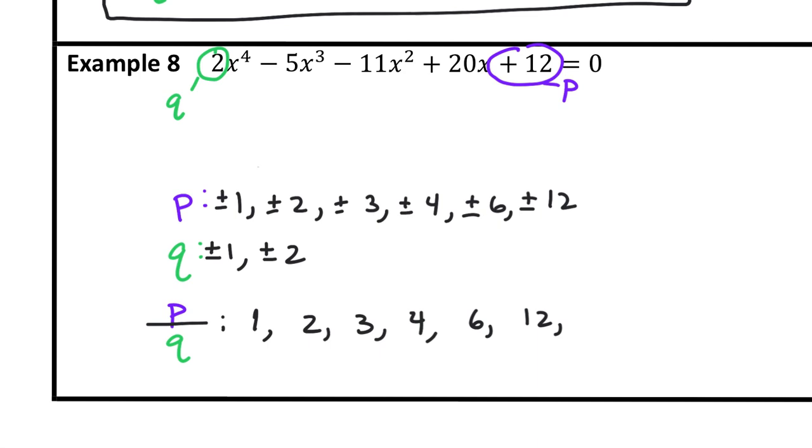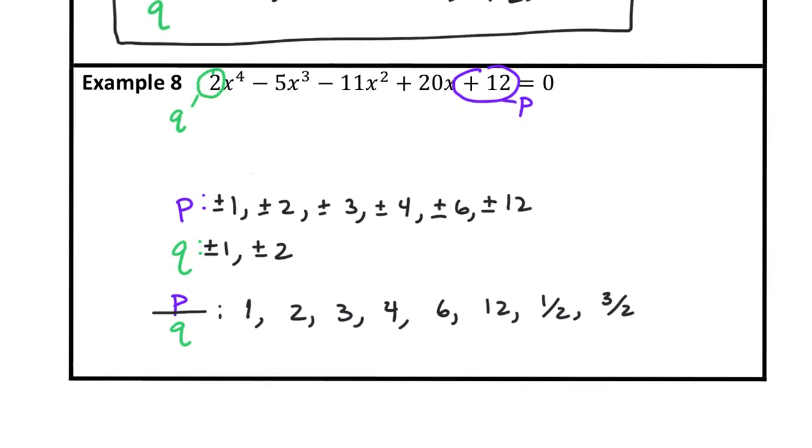Okay, now divide all the p's by the q value of 2. 1 divided by 2 is 1/2, comma. 2 divided by 2 is 1, but we already have 1. 3 divided by 2 is 3/2. Let me zoom out. Space there.